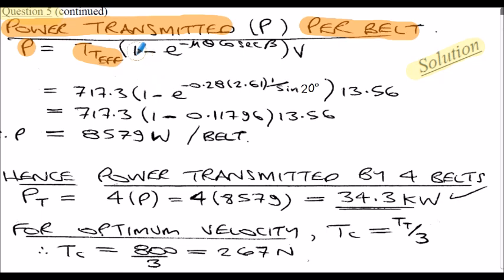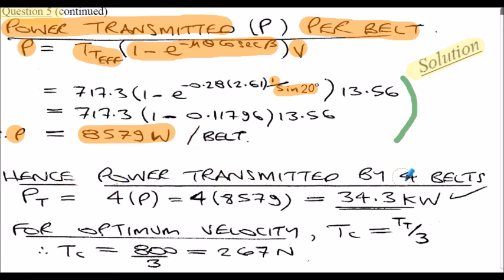And then 1 minus e to the negative mu theta multiplied by cosec beta, all multiplied by the linear velocity of the belt. As we noted previously, don't forget that cosec beta is the same as 1 upon sine beta, so that's 1 upon sine 20 degrees in this case. I'll let you work through the arithmetic here, but essentially the power from one belt is about 8.6 kilowatts.